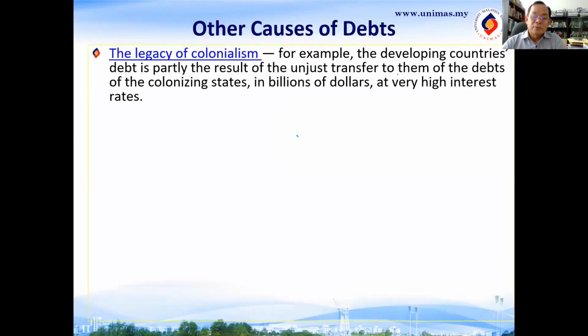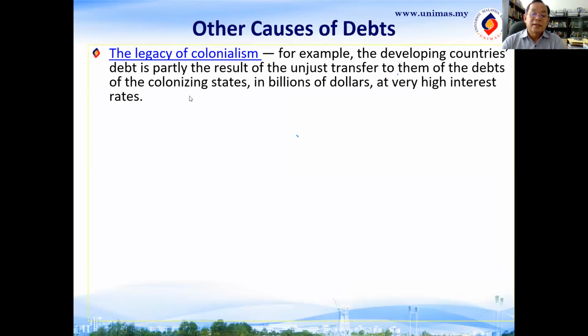What are the causes of debt? There are other reasons why debt happens. One, according to the literature, is the legacy of colonialism. For example, the debt of developing countries is partly the result of the unjust transfer to them of the debts of the colonizing states, in billions of dollars at a very high interest rate.